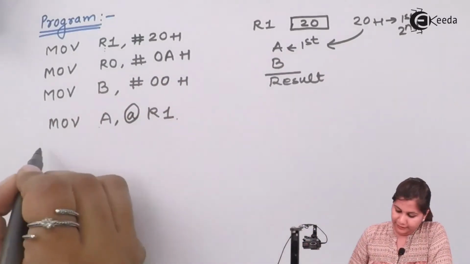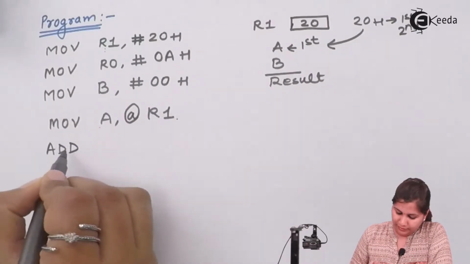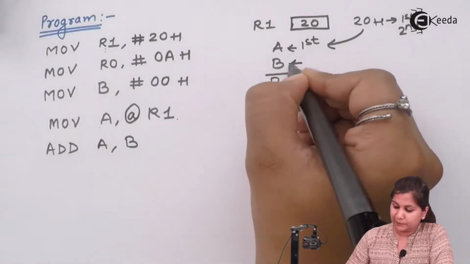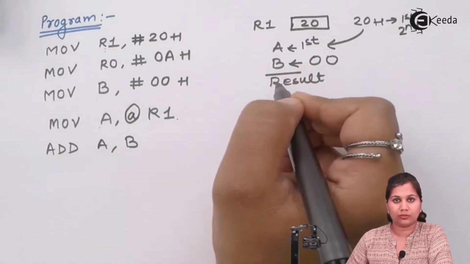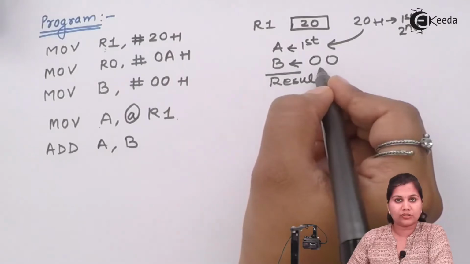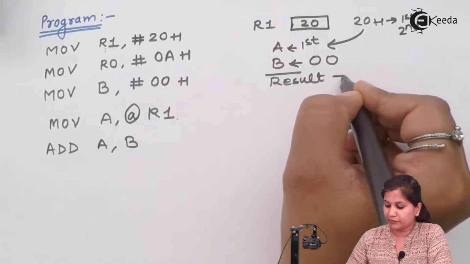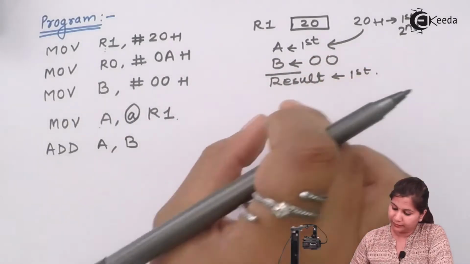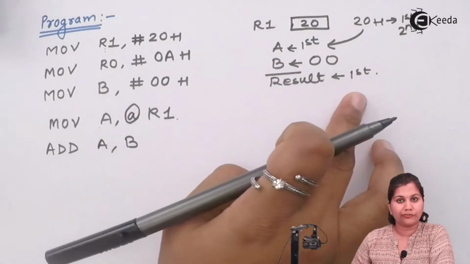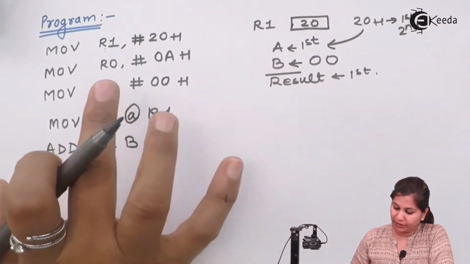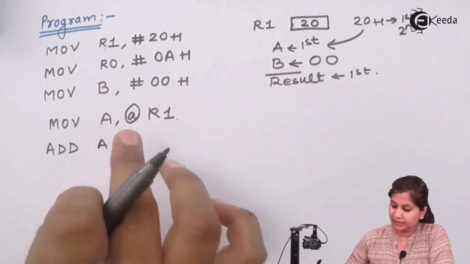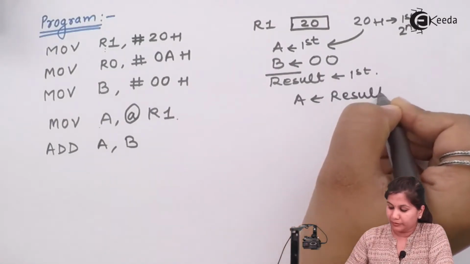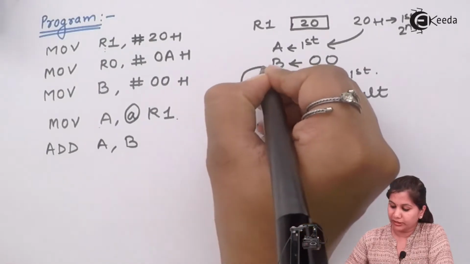Now after that we will add A and B, because we have initialized B as 00. When the first number and 00 are added, the result will only be the first number. When these two numbers are added, the result is still in the accumulator, but we want this result to be shifted into the B register.